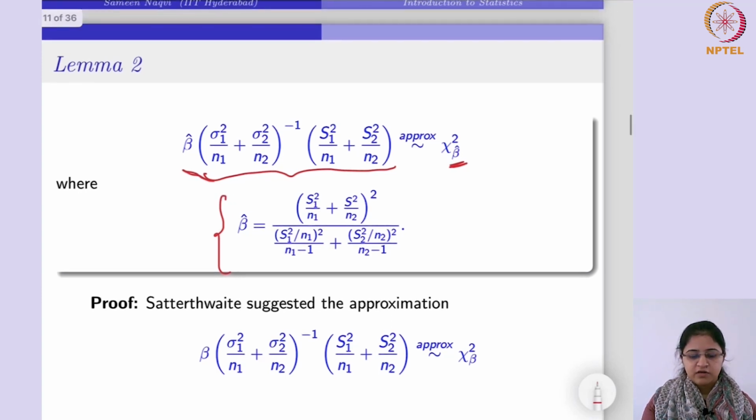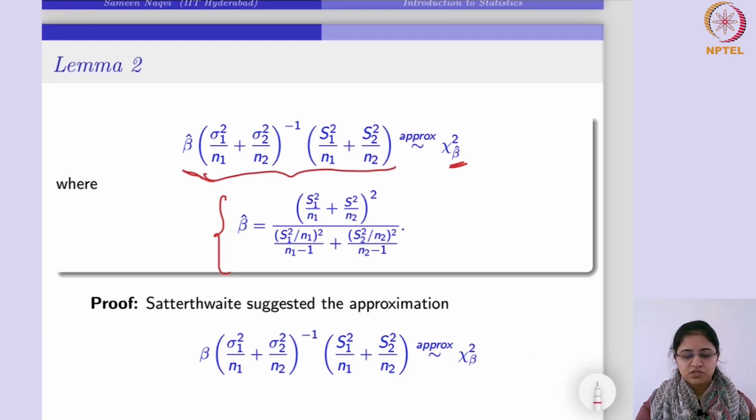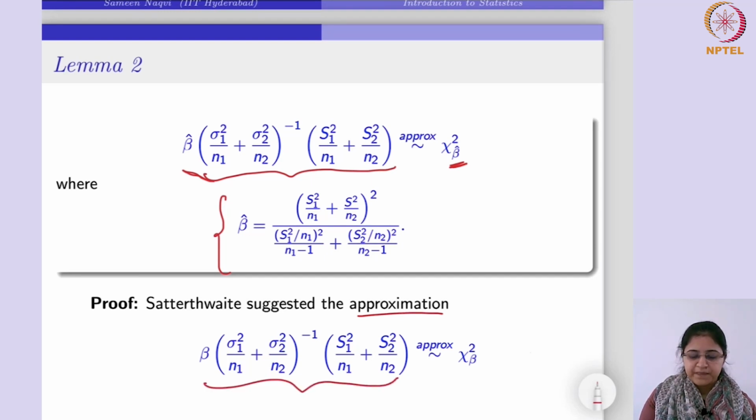Here we are going to use this approximation which says that if you have beta times this quantity over here, then it would follow chi-square with beta degrees of freedom. This inverse is there, so you can take it in the denominator also. Now suppose we denote this random variable by v.